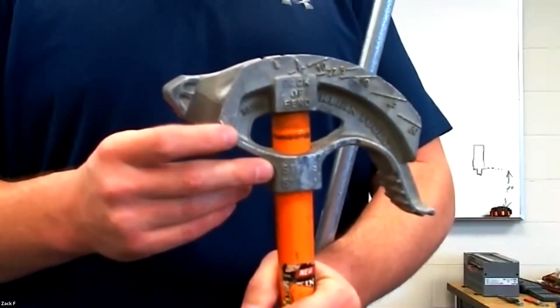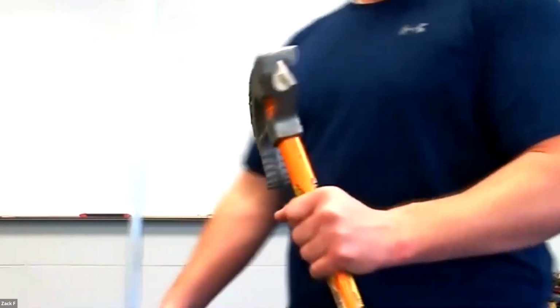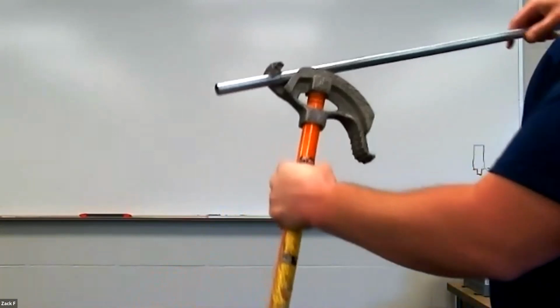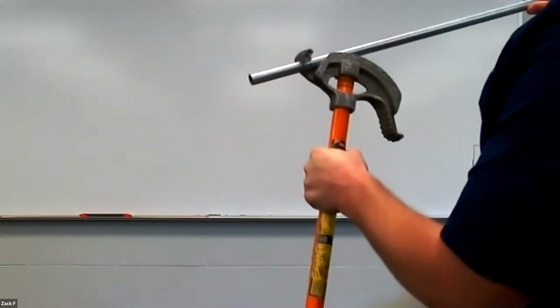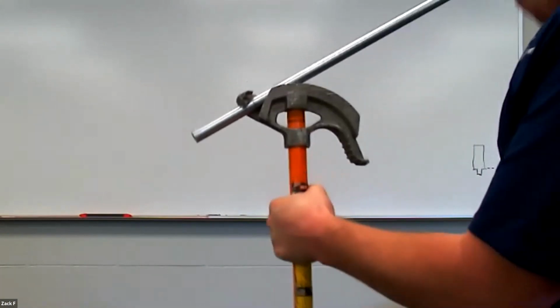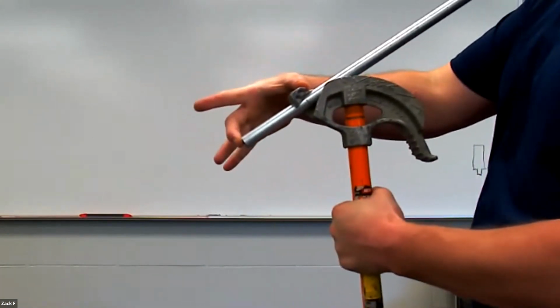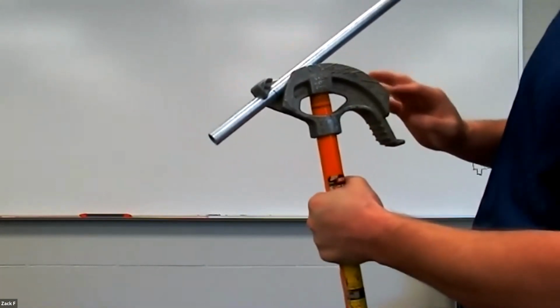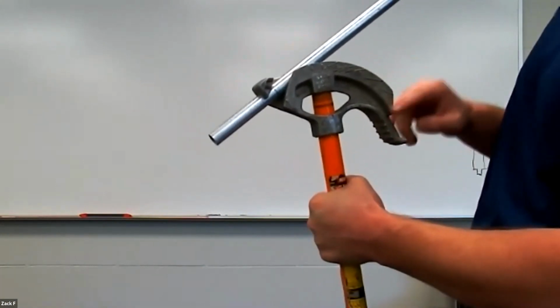That's this mark right here. So I'm going to put this in here so you can see where I'm putting that mark. Okay, so this is 4 inches, and I'm going to bend this all the way around till there's no 90-degree mark on here, but you'll see what I'm doing.